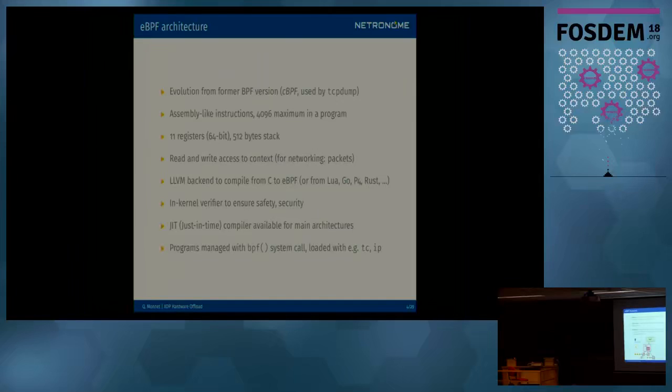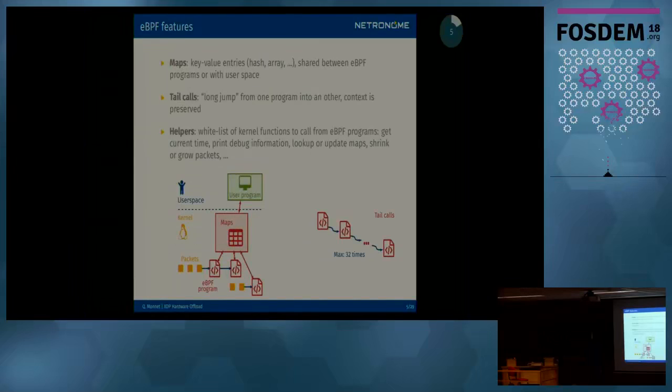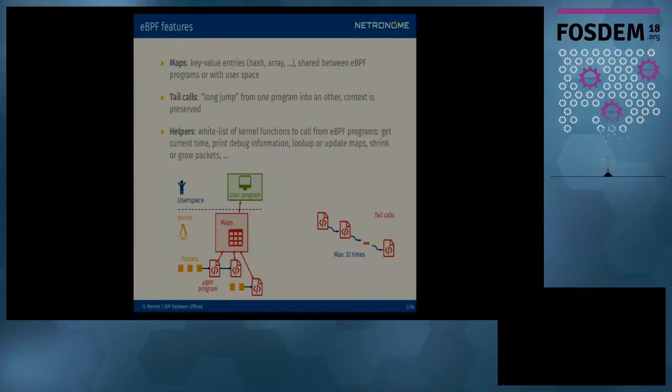It has a couple of additional features in regard to the older version of BPF, which was only for packet filtering. So now we have maps, which hold pairs of keys and values, entries that can be stored inside the kernel memory and that can be shared between different BPF programs or also between BPF programs and user space programs.